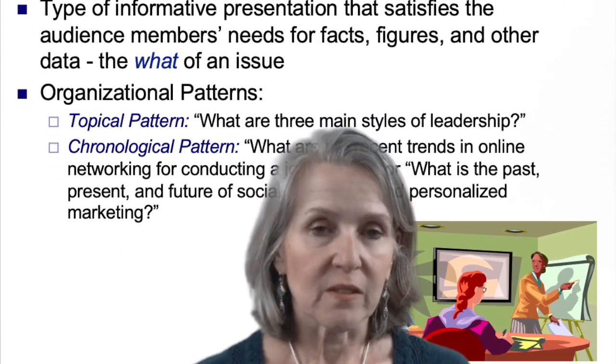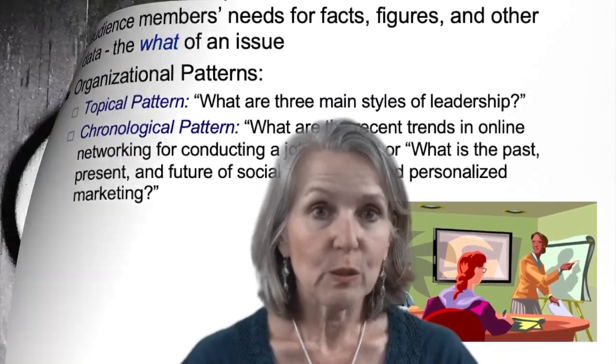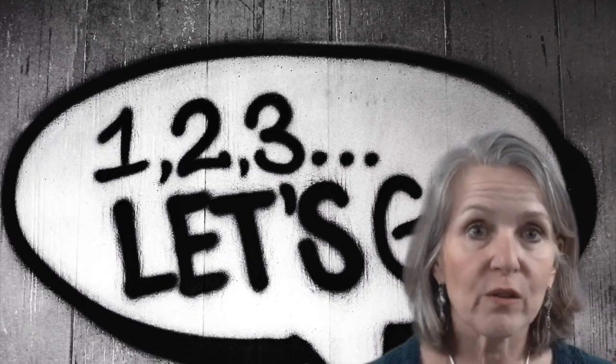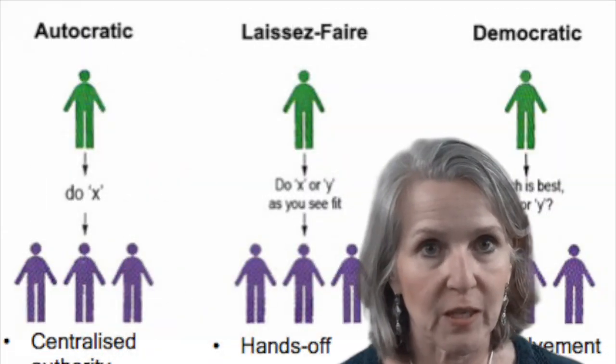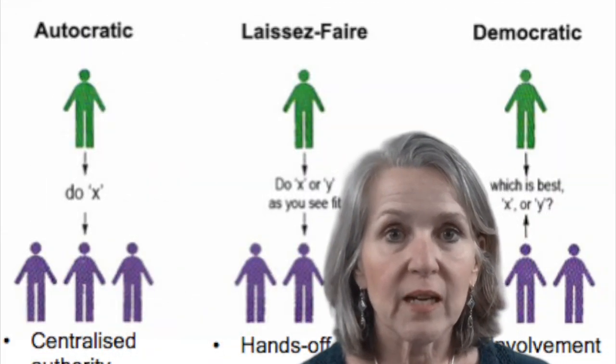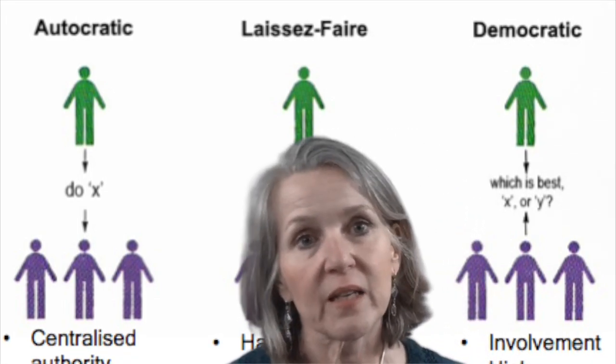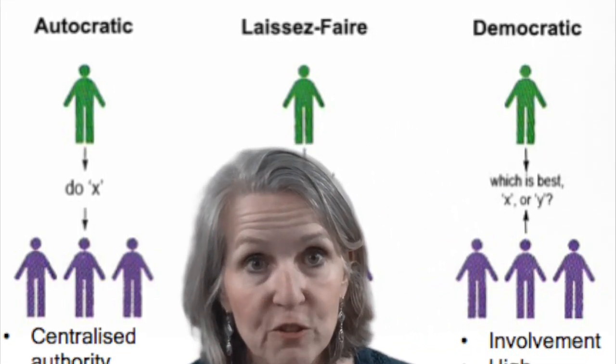The first is a topical pattern. That's a very basic pattern where your 3 main points are in a topical relationship to your main topic. An example would be, what are the 3 main styles of leadership? You would open up your presentation saying, today I'm going to be talking about what the 3 main styles of leadership are.